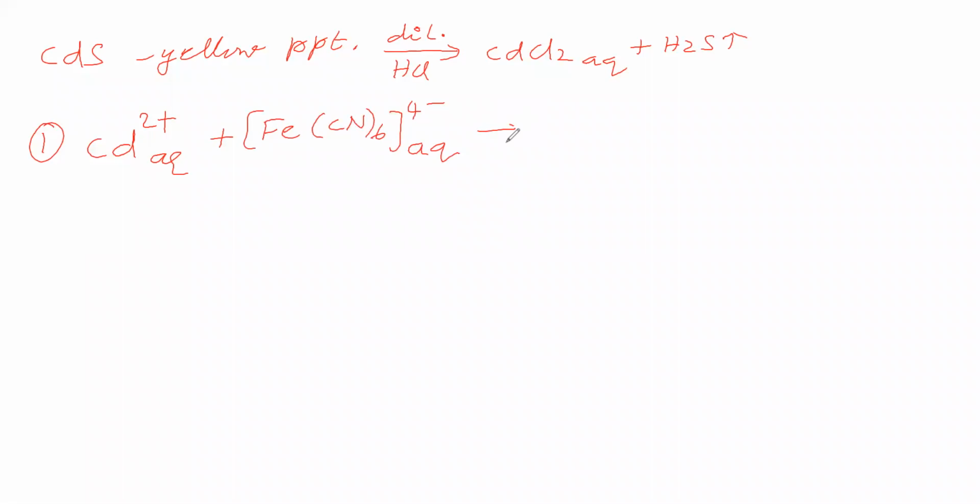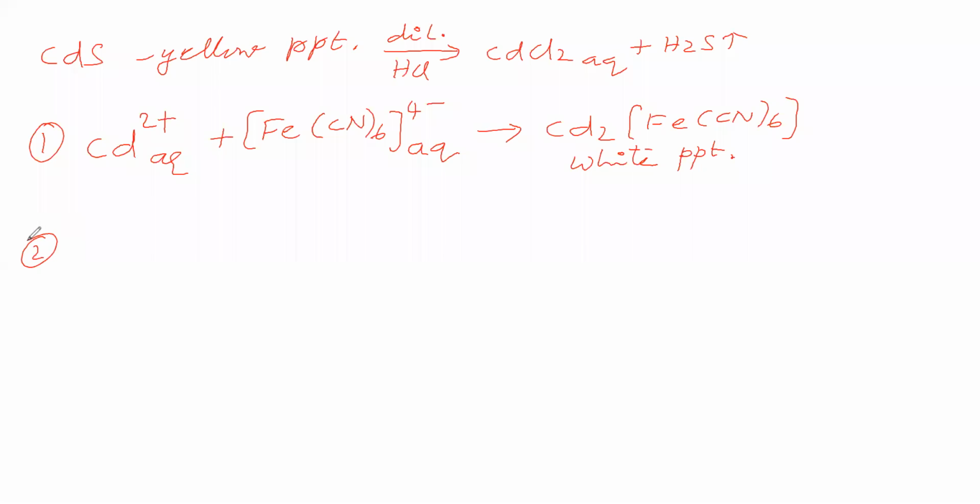As in the copper analysis, where we first add ferrocyanide solution, in the same way we add it here. We get the complex Cd2[Fe(CN)6], which is a white precipitate. In place of cadmium, if you take copper, you will get Cu2[Fe(CN)6], which is a red-brown precipitate.